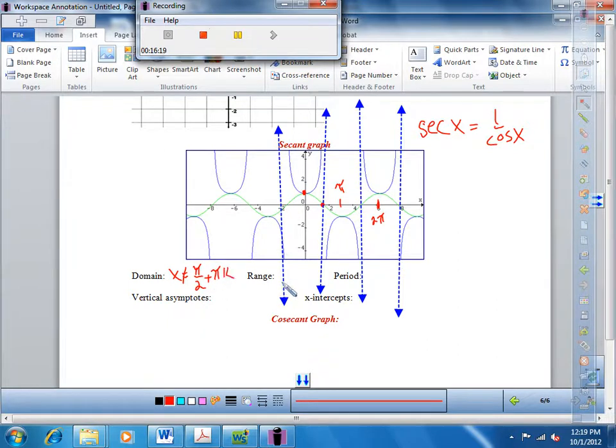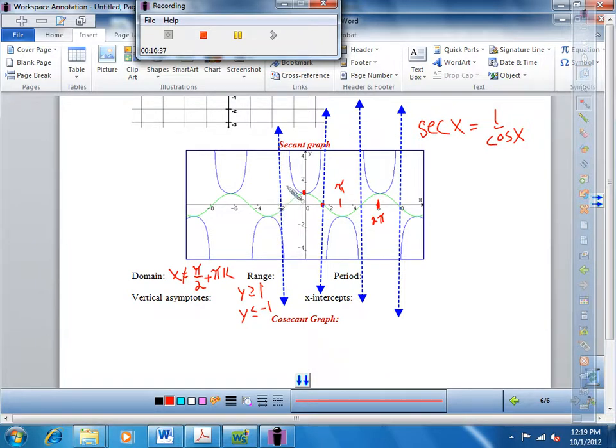Again, the range goes from y is greater than or equal to what? 1, and less than or equal to negative 1. So secant and cosecant don't have any values between. You always get a value bigger than 1 or less than negative 1, because it's a reciprocal.